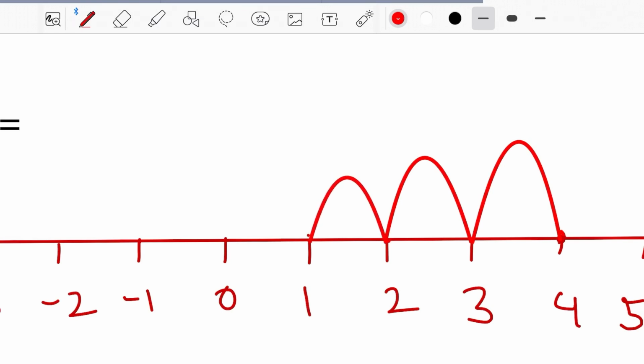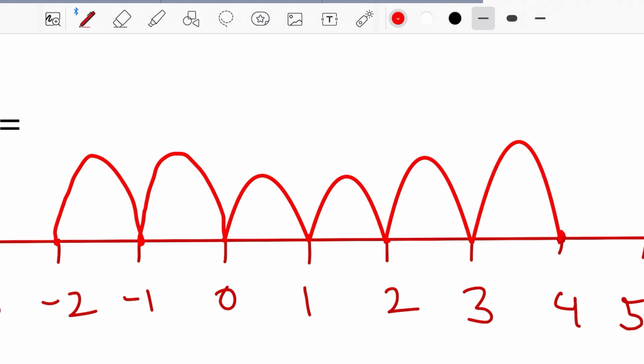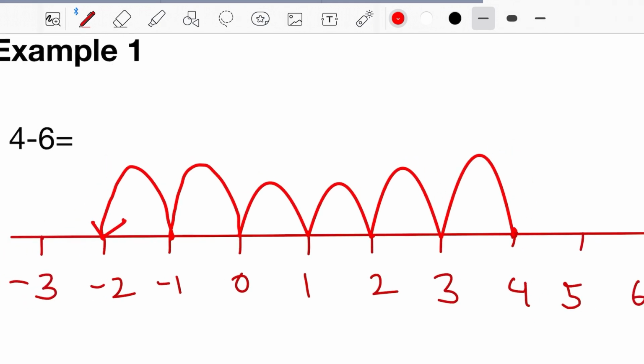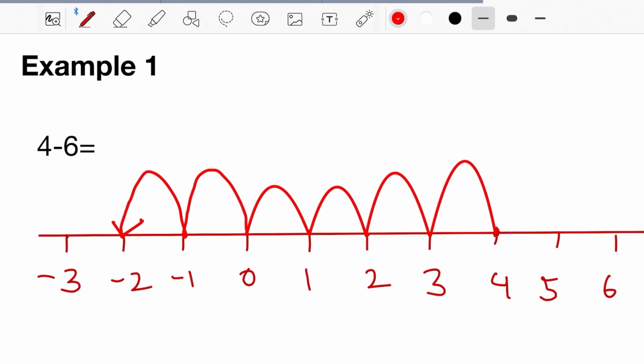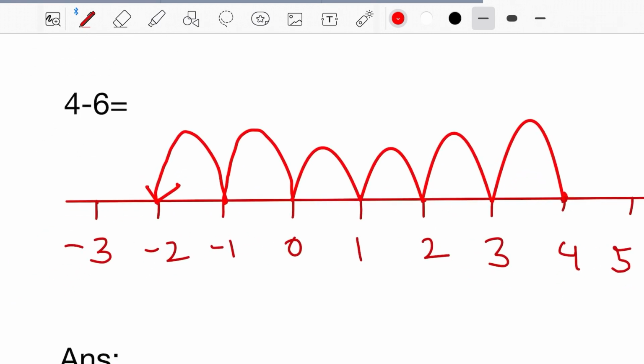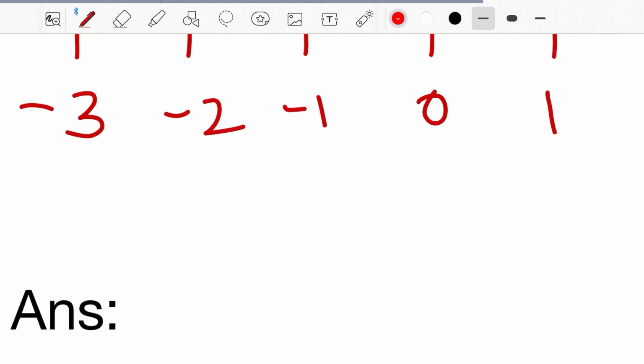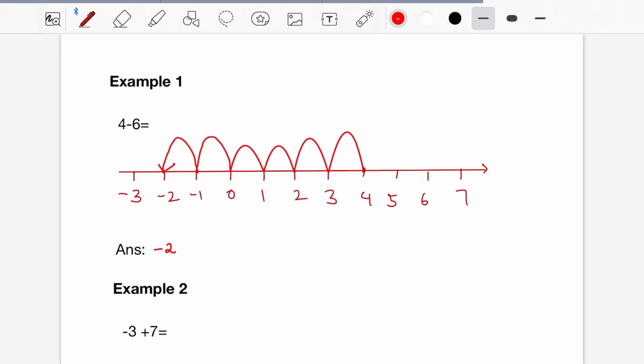Okay, so we're moving, this is our 3rd space, we're moving to the left. 4th space. 5th space, so we're into negative numbers now. And 6th space to the left. And our final answer will be -2. So 4 minus 6 is -2.